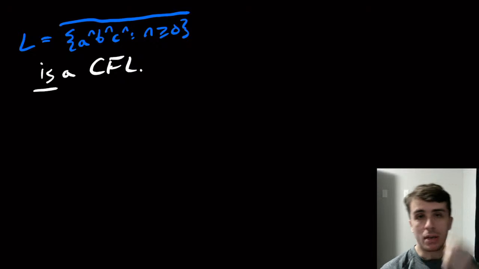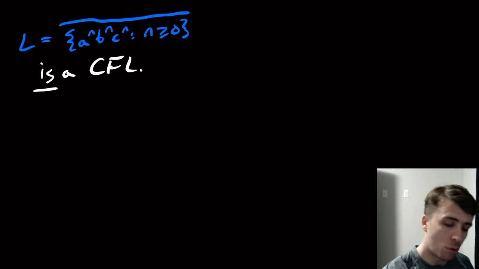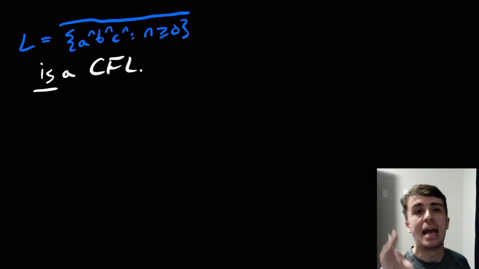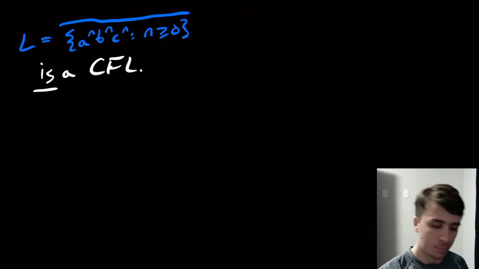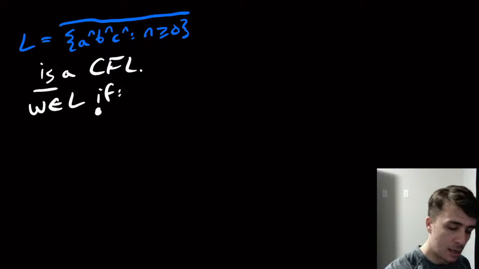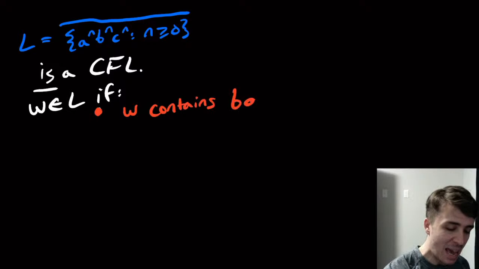So you've got to think, what strings are in the complement of this language? All strings that are not of the form A's followed by B's followed by C's with the same number of each. What are the possible things that can go wrong? Let's say W is in the complement if W contains BA.